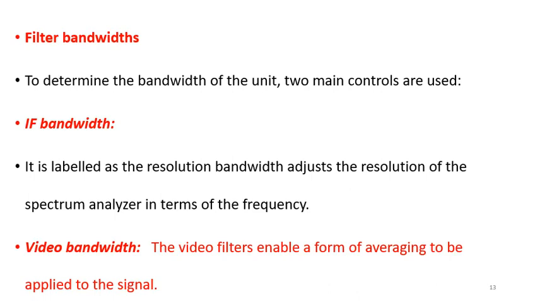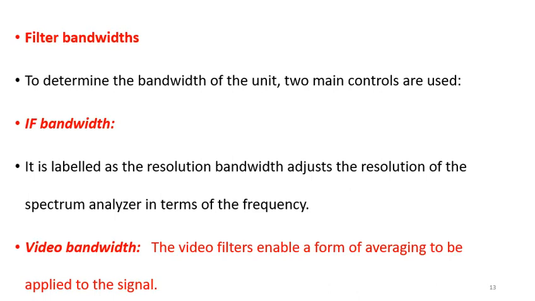The first one is the intermediate frequency bandwidth, which is the resolution bandwidth. That is the range of frequencies that are allowed to pass through our IF filter after it passes through the local oscillator, and it helps to adjust the resolution of the spectrum analyzer in terms of frequency.